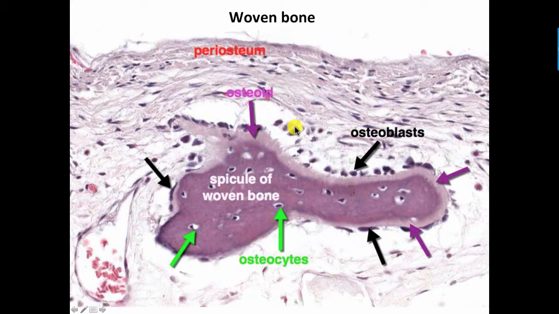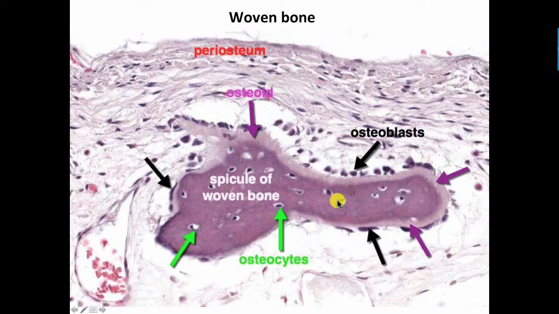It is a temporary expedient, formed in a relatively sloppy manner, such as in the fetus, in the developing bones of the skull, in healing fractures, etc. It contains much more ground substance, so that it stains very basophilically with H&E. It contains less collagen and much more coarsely interlaced collagen, and it has lots of osteocytes, which we'll look at in a little bit, randomly scattered in its matrix.